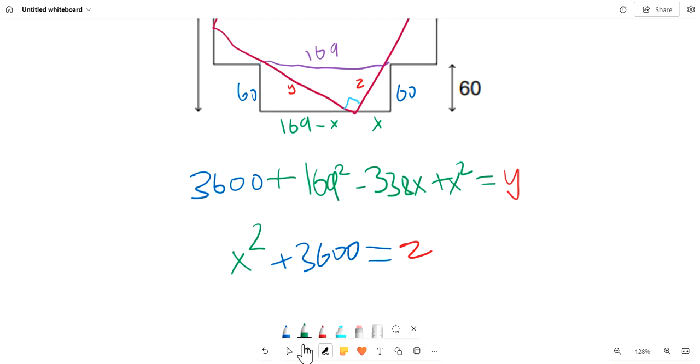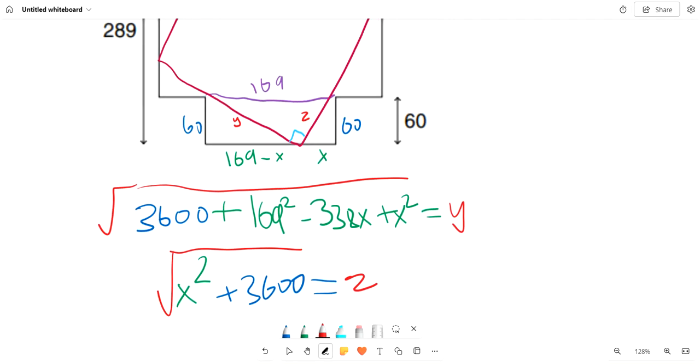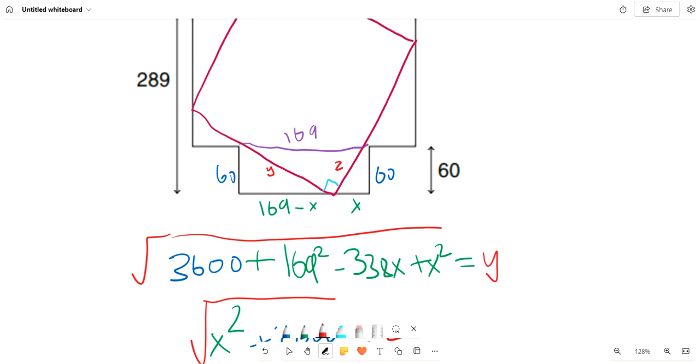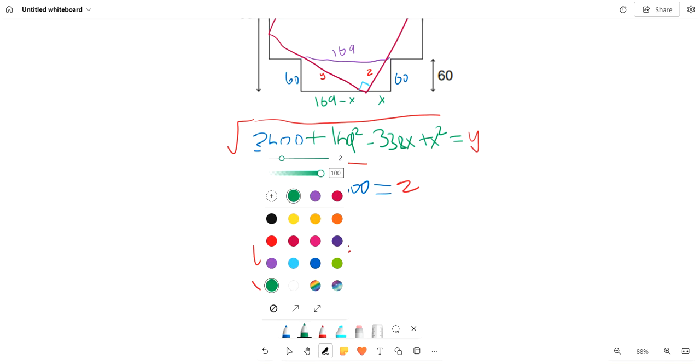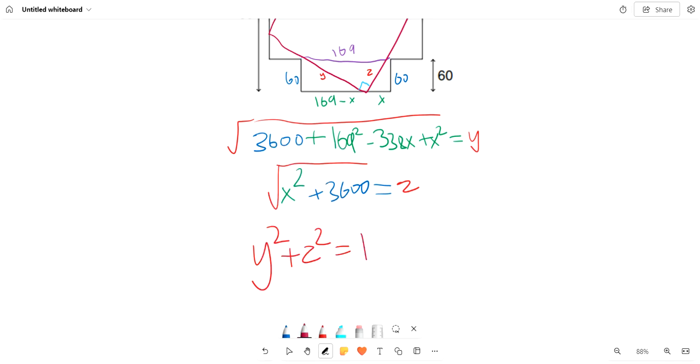And because it's Pythagorean theorem, we have to square root it all. And also from Pythagorean theorem on the y, z, and 169 triangle, we have y squared plus z squared equals 169 squared.